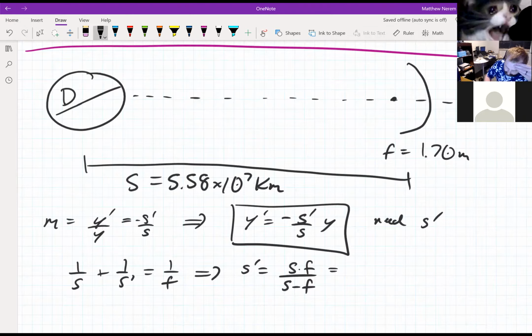All right, so let's plug in those numbers. This is 5.58 times 10 to the 7th kilometers.